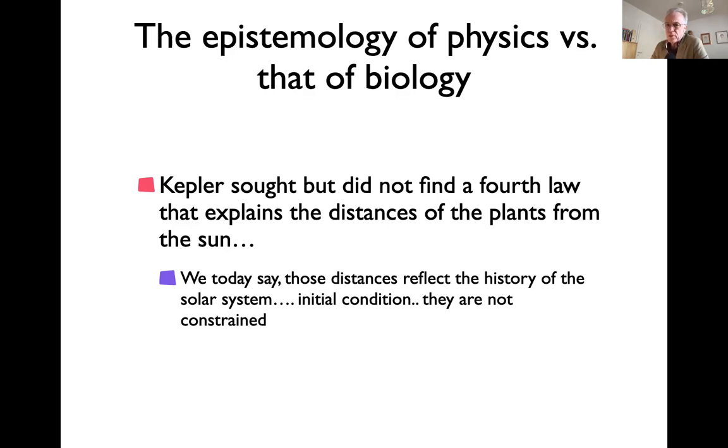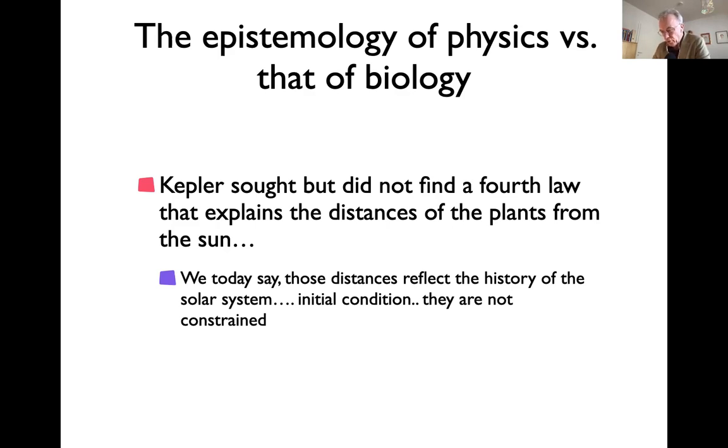We just say it's a question of initial condition. It's the history of the solar system when these planets formed. They had certain densities and velocities and so on, and that led to the planets that are essentially condensed gas, actually not interstellar, condensed gas from the gases that emanate from the sun, and just the process of them cooling and condensing led to these particular distances.